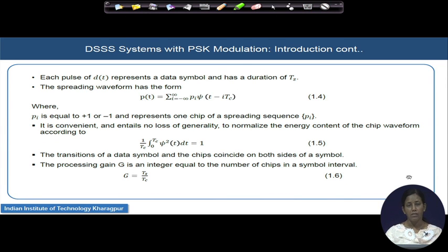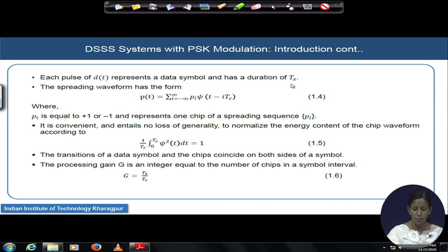Each pulse d(t) has a data duration of Ts, which we already know. The spreading waveform p(t) is given by this, which we have seen already, an infinite sequence, and ψ(t) is a waveform. Each p_i is equiprobable, either +1 or −1, and the sequence of all the p_i constitutes the spreading sequence.